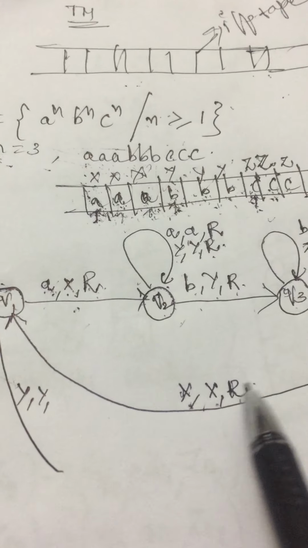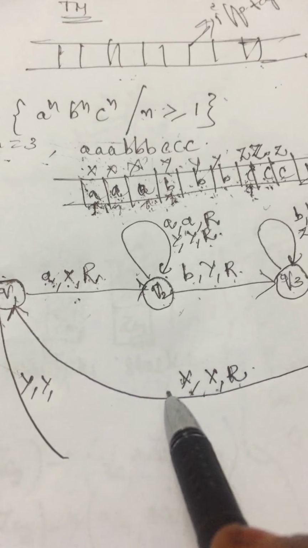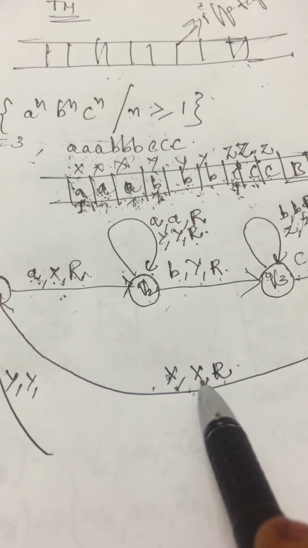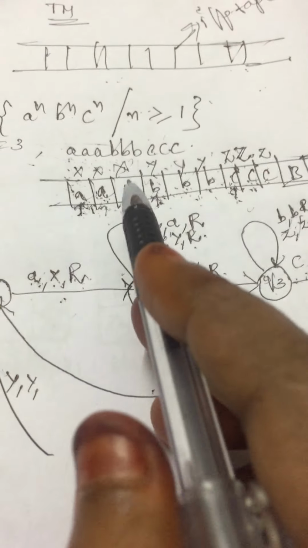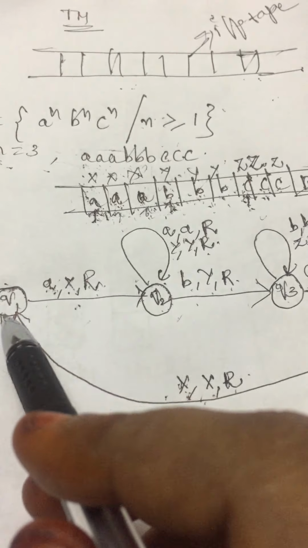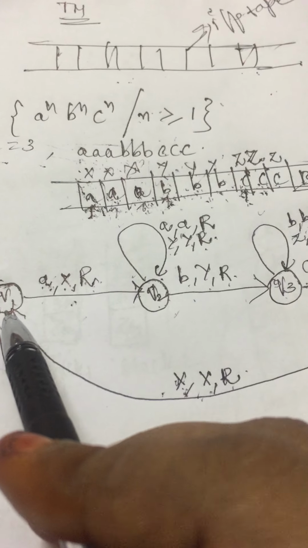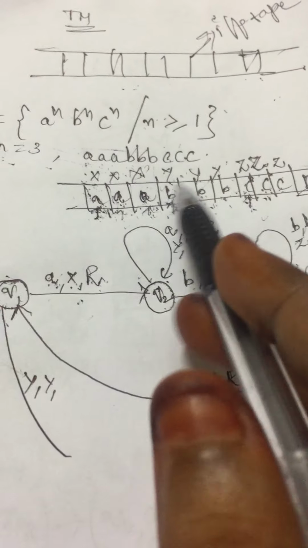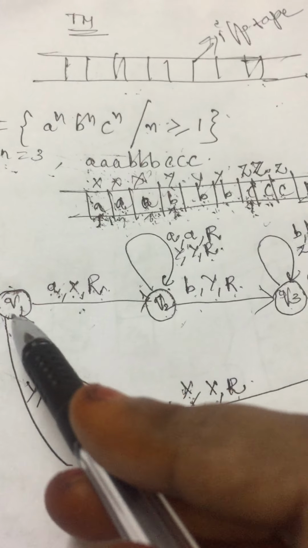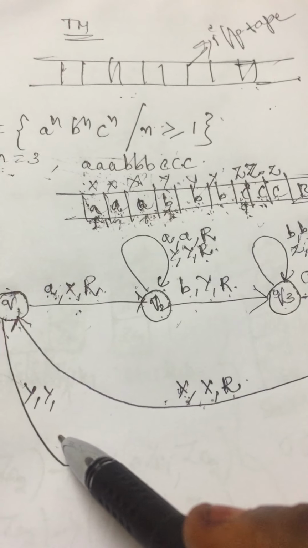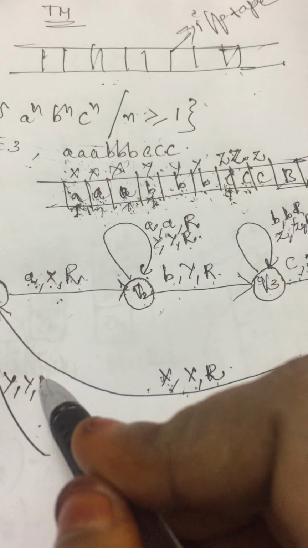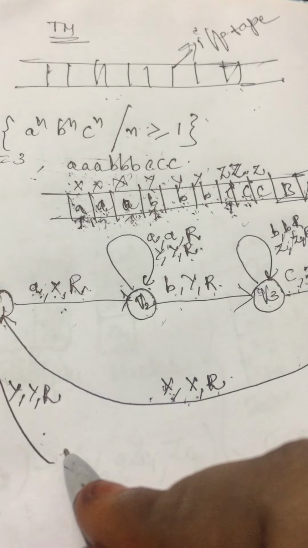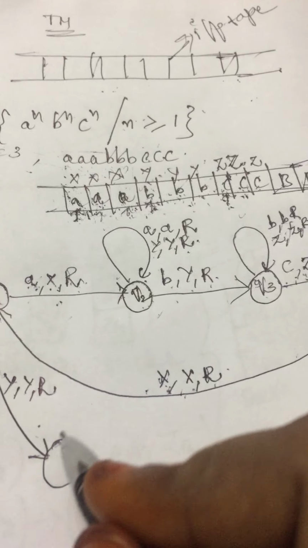See why we are writing here only, because this X will remain as X only. Move to the right direction. Where is this connected to? The initial state. After this step only we are going to get Y, isn't it? That is the reason from here only we are connecting it. This Y will remain as Y only. Move to the right direction in search of the blank symbol.